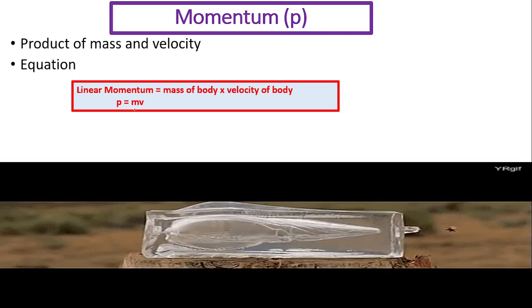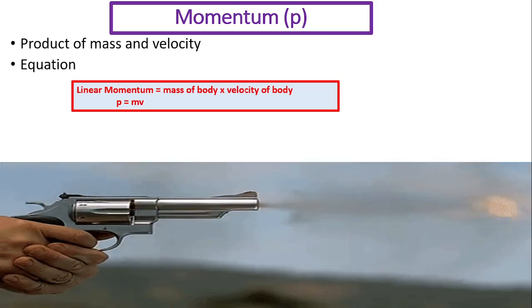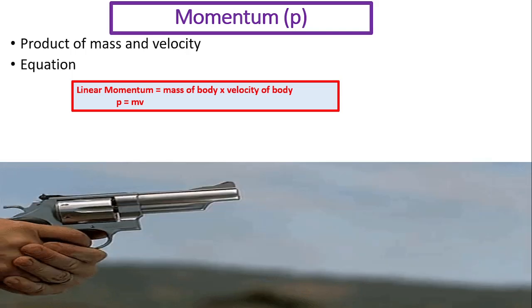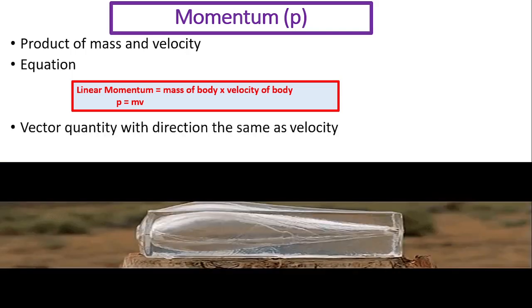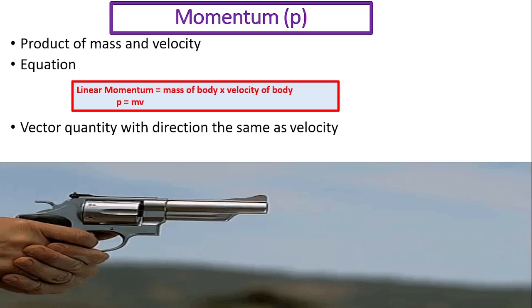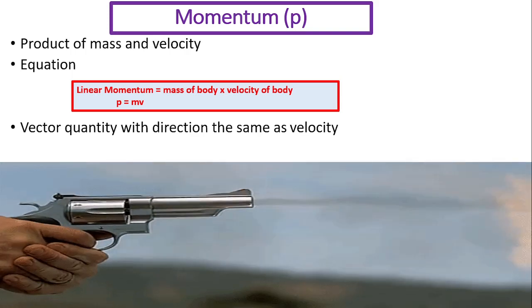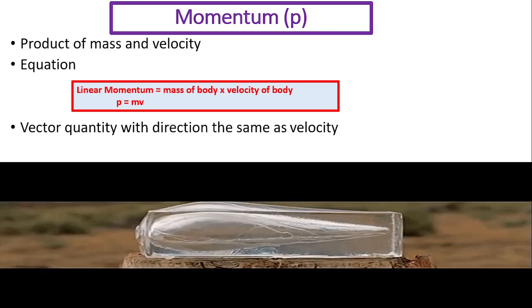Since momentum is the product of mass and velocity, momentum is a vector quantity. Being a vector quantity, it simply means that it has a direction and magnitude, of which the direction is the same as the velocity.